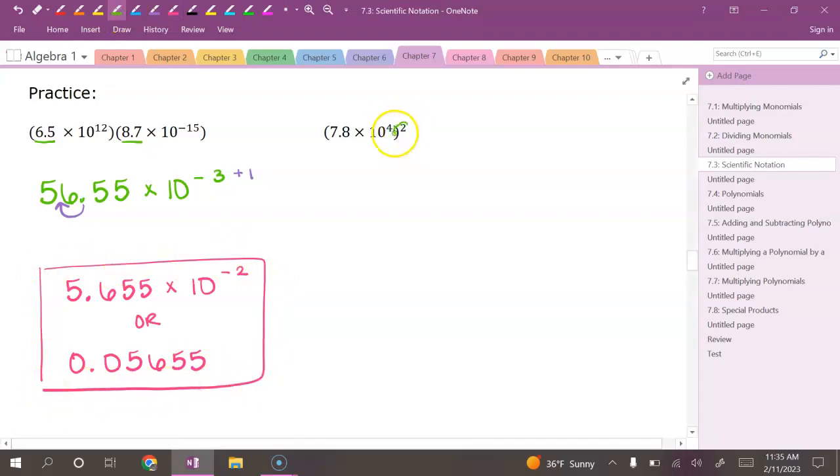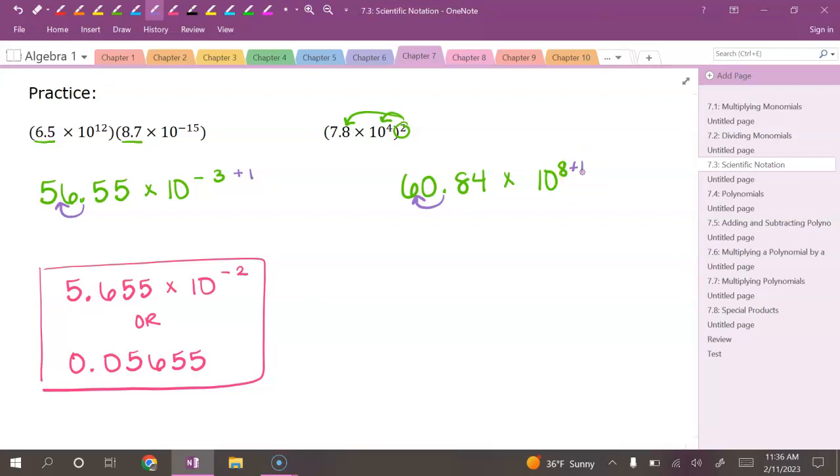For the second one here, we take this 2 and we distribute it into the parentheses there. So 7.8 squared comes out to be 60.84. And then that's times 10. You take 4 times 2, which would be 8. So times 10 to the 8th power. Again, though, I have to move this 1 time to the left. So I have to add 1 to my 8.